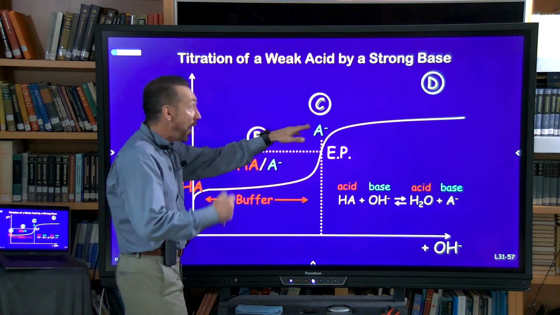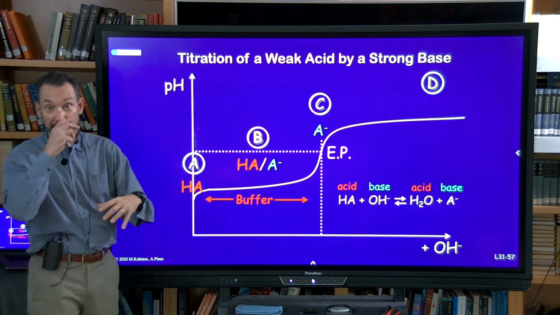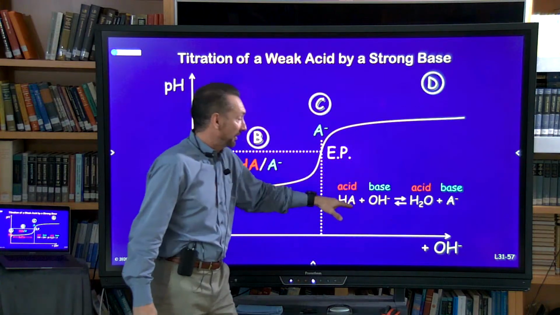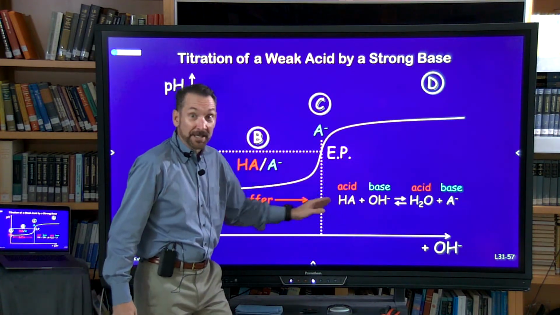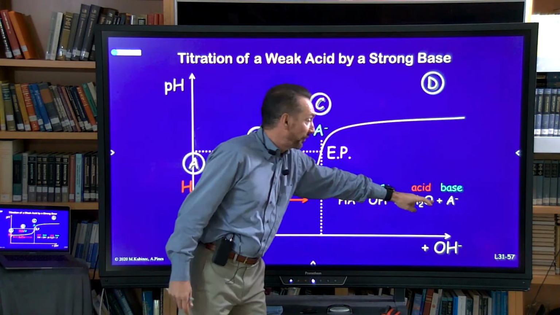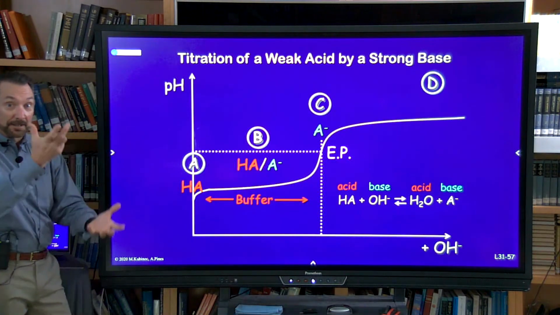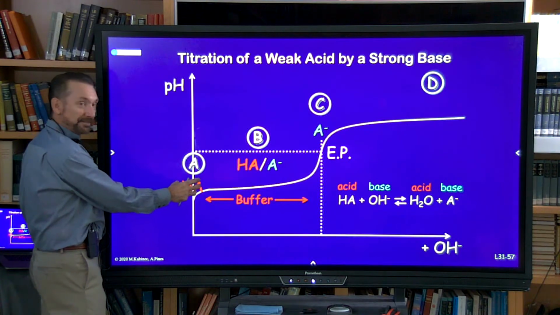Now you never have all of that or all of that because they always are in equilibrium. So this will always go back a little and form this. And if this is there by itself, it will always get rid of some of its protons and form some of this. The equilibria are always in play, but if it's a weak acid, it's mostly this.